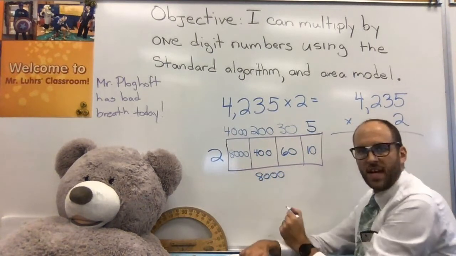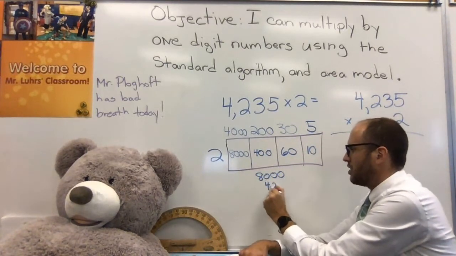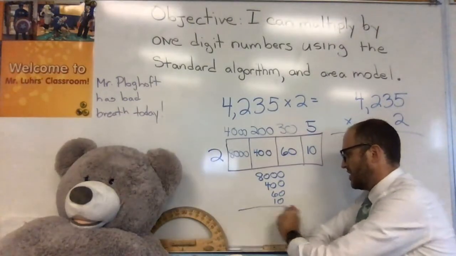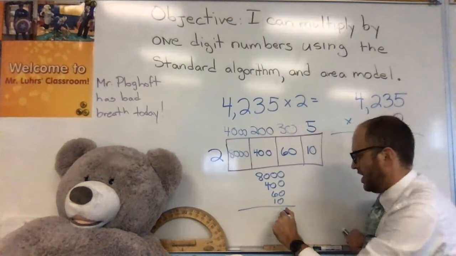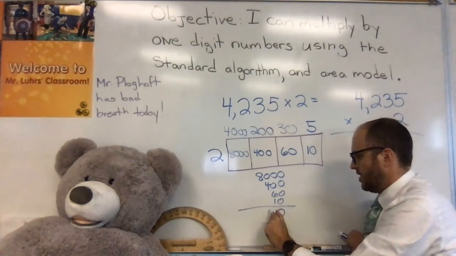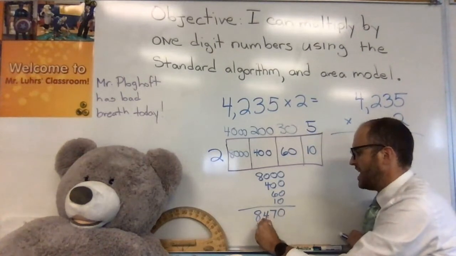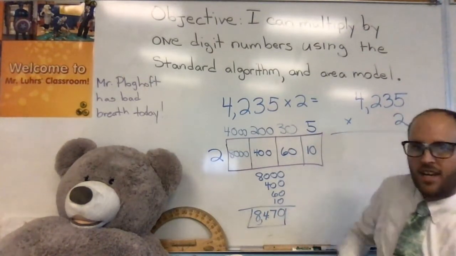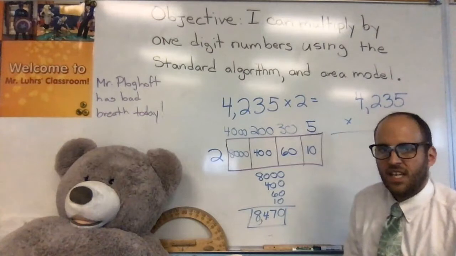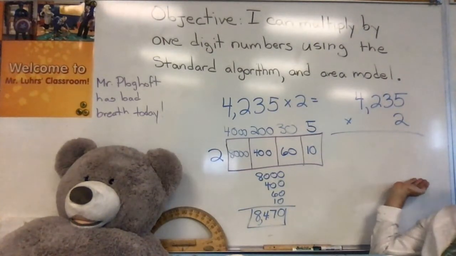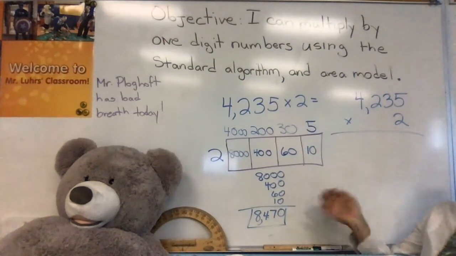So there's our 8,000, there's our 400, there's our 60, and there's our 10. And there's our mood lighting that always goes off. 6 plus 1 is 7. We bring down the 4. Our answer should be 8,470. Let's see if your standard algorithm matches what we got for the area model.